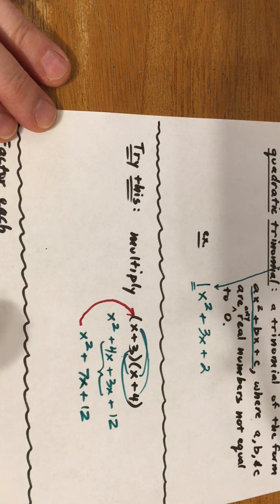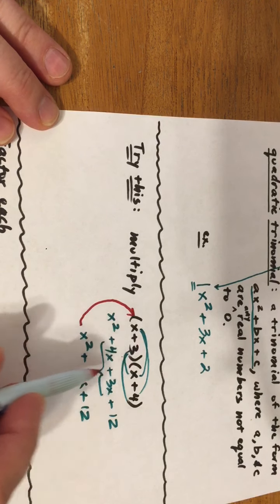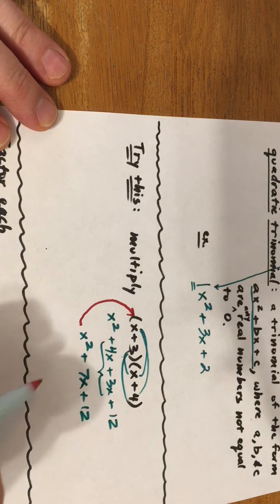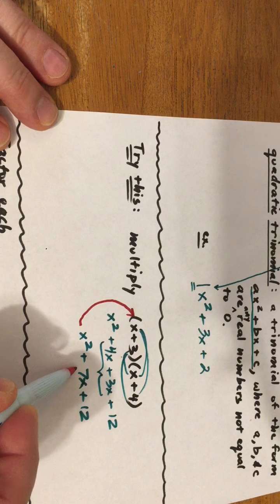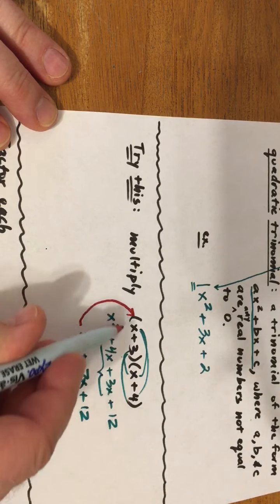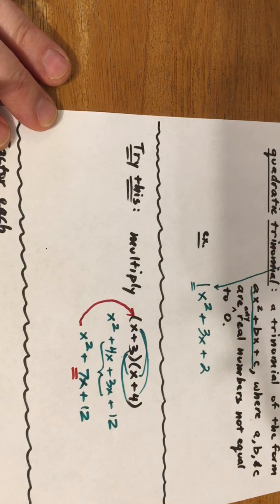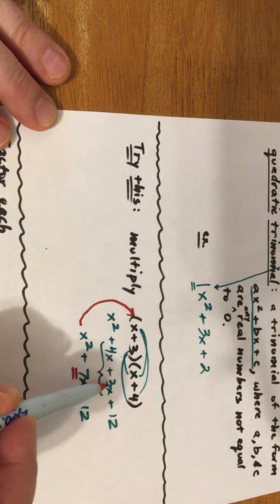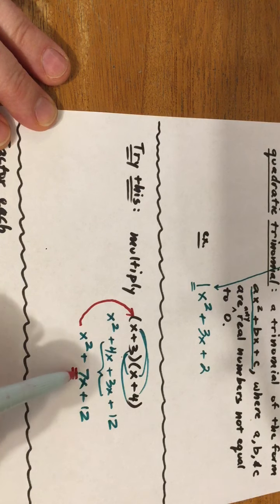And so we want to study the patterns in this particular problem. And specifically, there are 2 questions we want to take a look at. Here they are. The first question, where does the 7 come from in the original problem? Think about it. Well, hopefully you said that the 7 really came from the 4x plus 3x. That gives us the 7x.